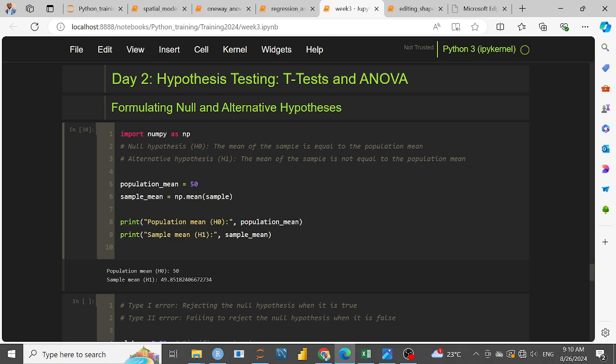Now look at the way I set the hypothesis. The null hypothesis, H0, means that the mean of the sample is equal to the population mean. We assume it; it's an assumption. Hypothesis in statistics means assumption.